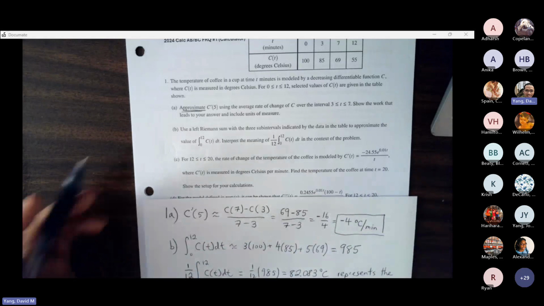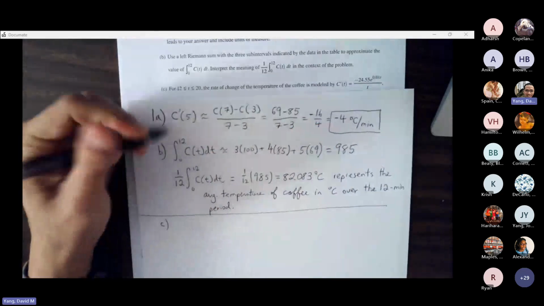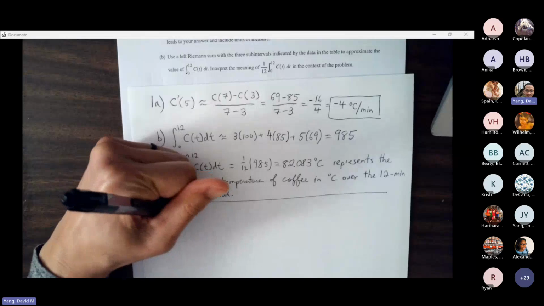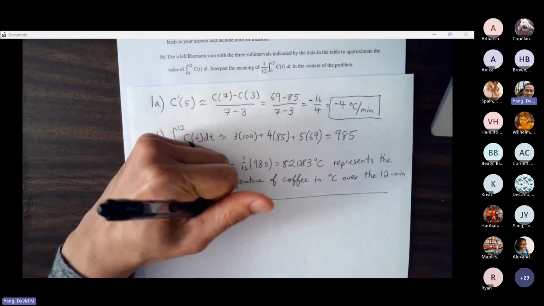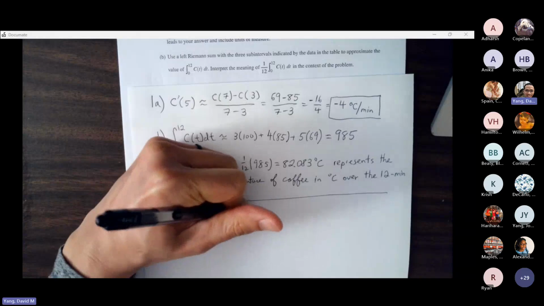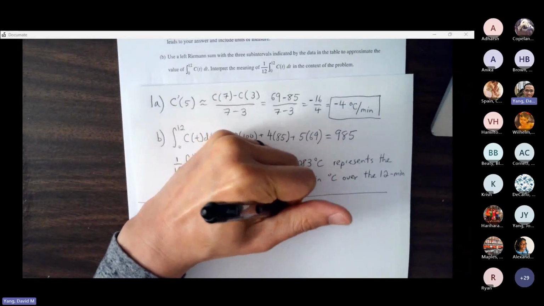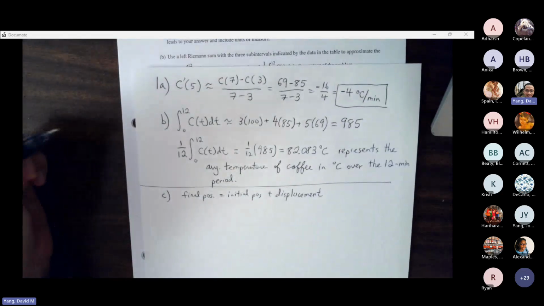So we're going to use this particle motion formula, which is basically a rearranging of the fundamental theorem, where we know final position is equal to initial position plus displacement.